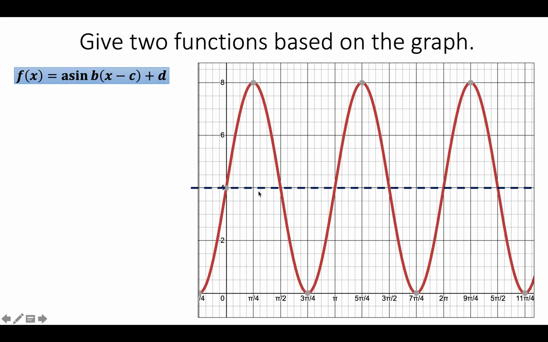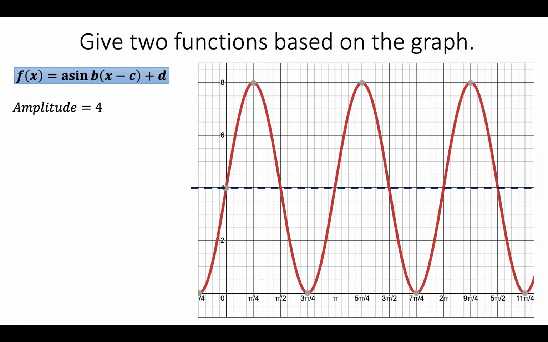In other words, from 4 to 8, that is 4 units, or from 4 to 0, that's still 4 units. So we can say that the value of A here is equal to 4. That's the amplitude.